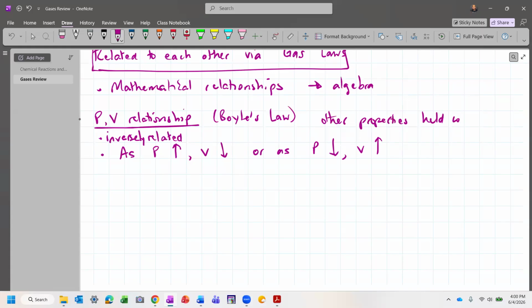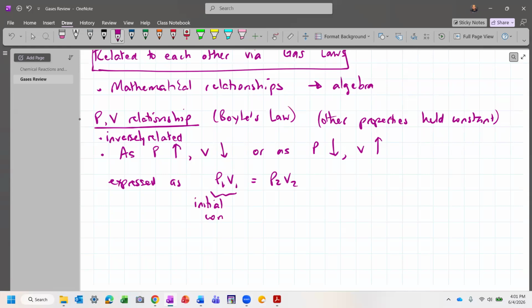So for N, we're not changing the number of moles, and we're not changing the temperature. We're keeping those constant. So as P goes up, V will go down, or as P goes down, V will go up as well. Mathematically, this can be expressed as P1 V1 equals P2 V2, where P1 V1 is the product of the initial pressure times the initial volume.